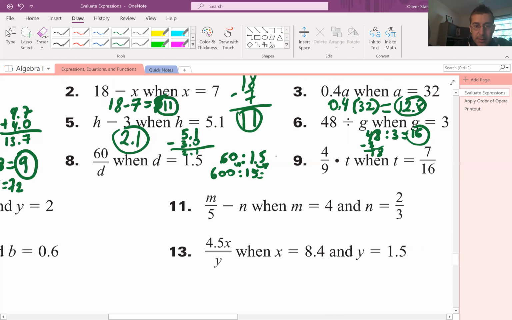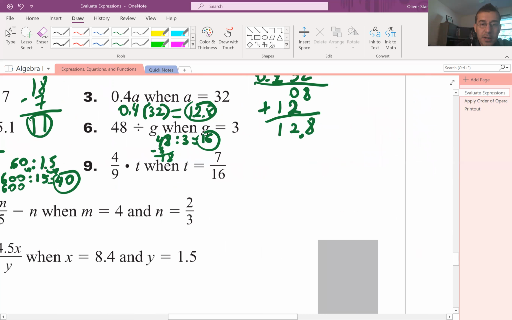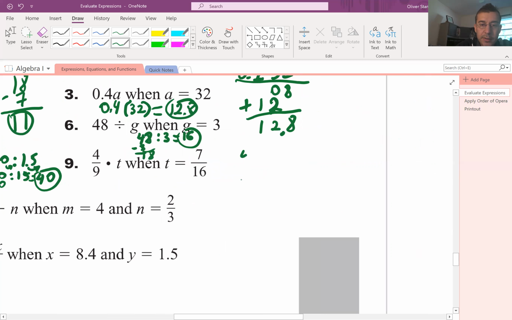So 6 cannot fit into 15, right? So 60 fits into 15 4 times. 4 times 15 is 60, and then the 0, right? So the solution is 40. 40 is the solution.